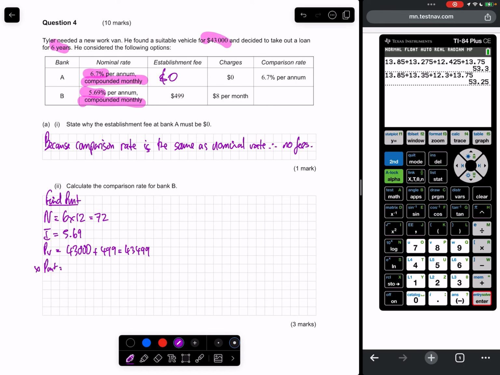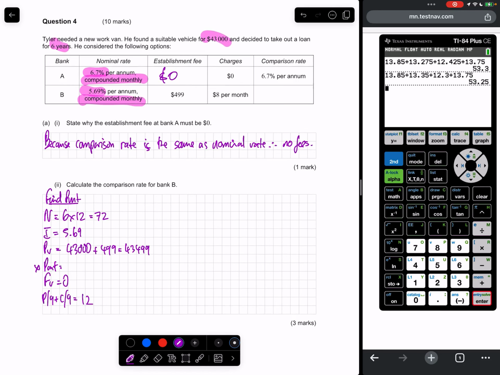PMT we don't know, so we're solving for that. FV of a loan is 0, PY and CY compounded monthly, 12. So Apps, Finance, TVM: 72, 5.69, 43,499, nothing, 12, alpha, enter, negative 714.56 to 2 decimal points.